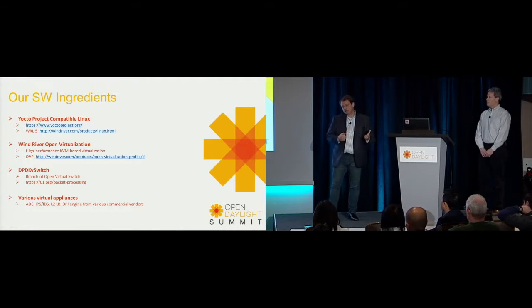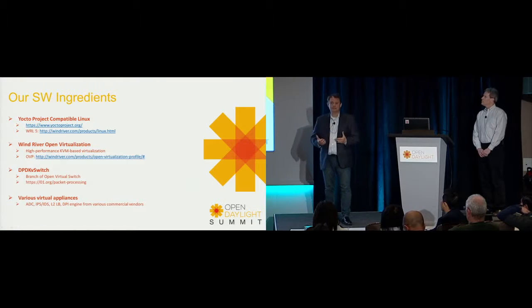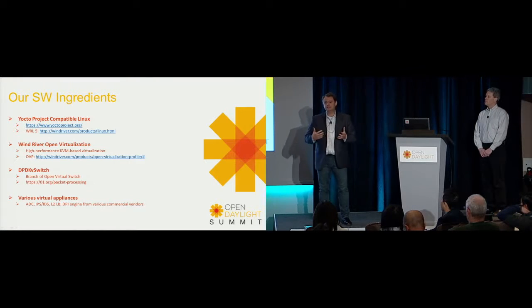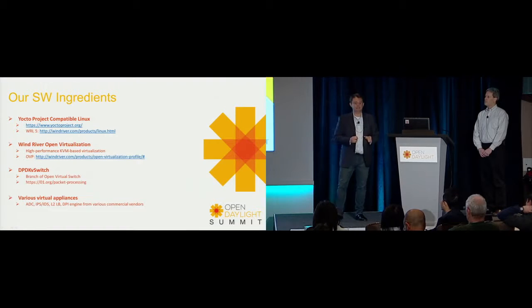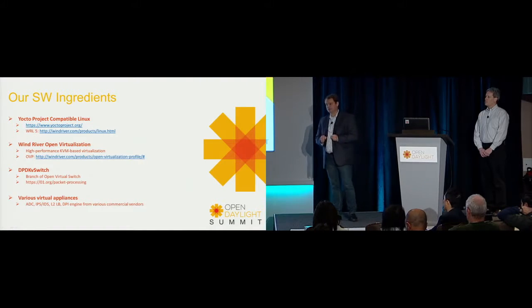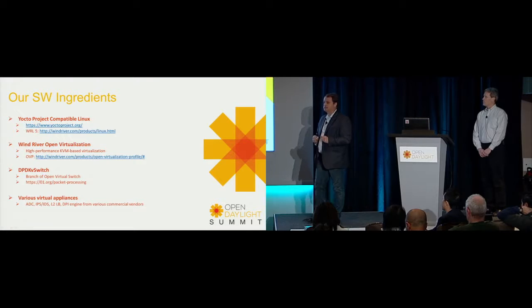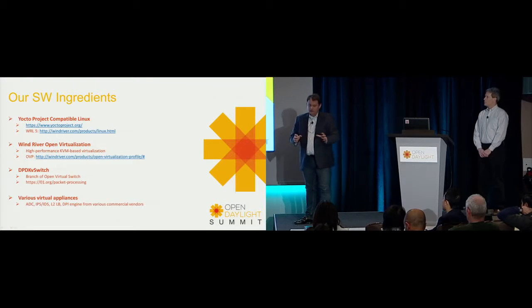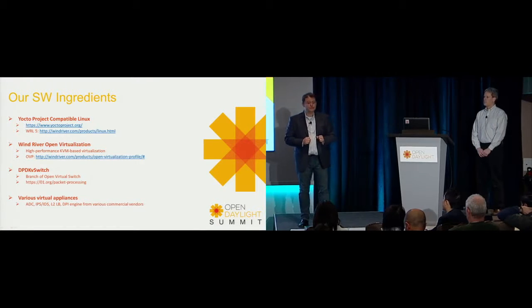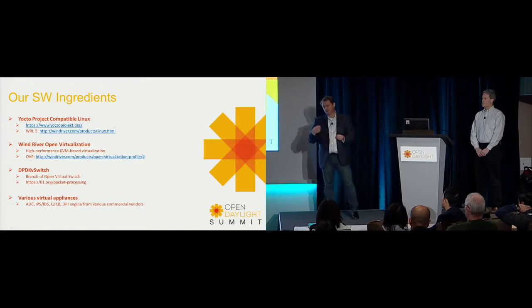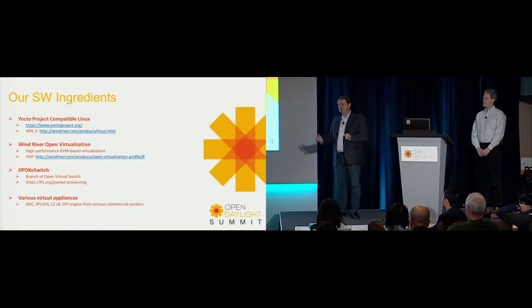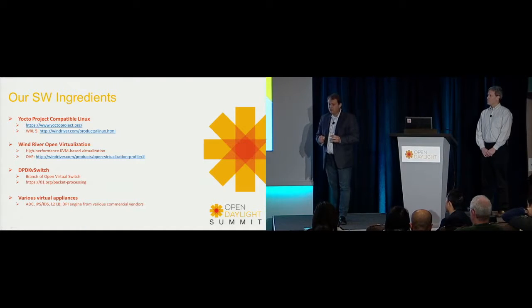We can achieve interrupt latency in the single-digit millisecond range, which is significantly, by an order of magnitude, lower than what you get with a standard enterprise-class Linux distribution. We are using DPDK vSwitch as our vSwitching choice. We also have a lot of experience with the community version of Open vSwitch.